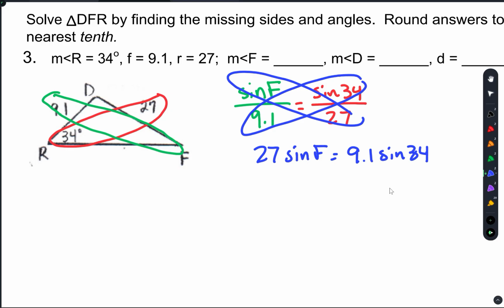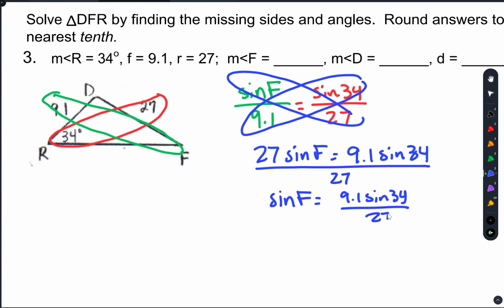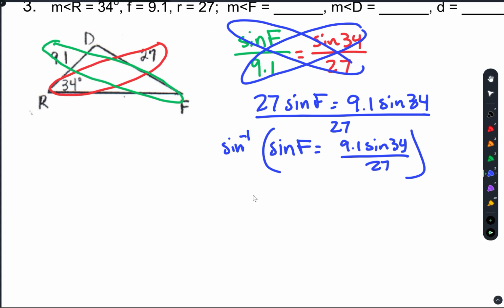I know I'm solving for an angle, so I know I'm going to need to do an inverse in a second here. We're going to divide by 27 first. And then I'm going to do the inverse sine of the entire thing. So F equals sine inverse of 9.1 sine 34 over 27. You should not be simplifying anything until you put the entire thing in your calculator. We don't want to do any rounding in between.